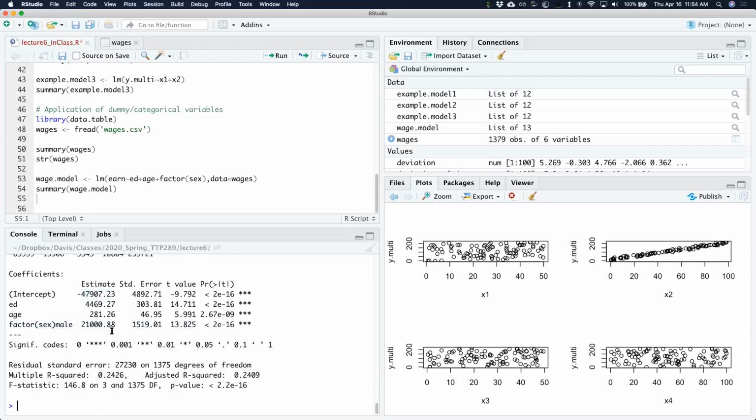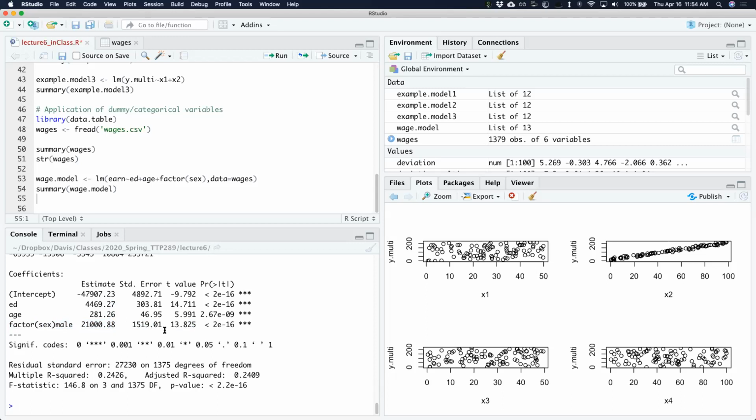Okay, so now we've got something a little bit different going on here. This is our dummy variable of male versus female. What is going on here? Why does it say male here? This is describing, in our data set, the average effect of being a male: on average you make $21,000 more. And that's after you control for age and education.